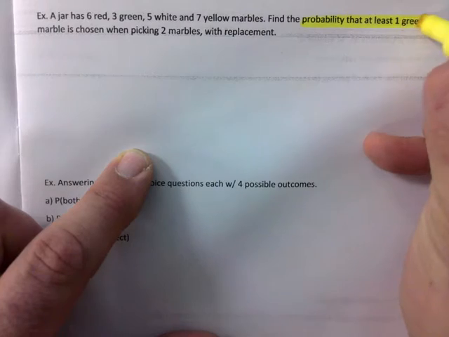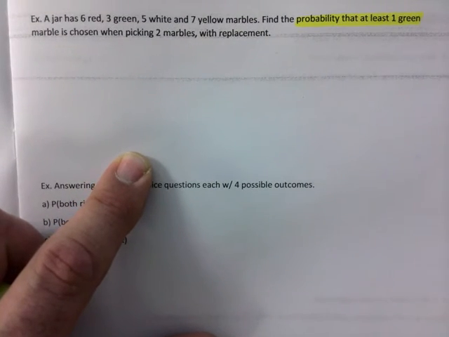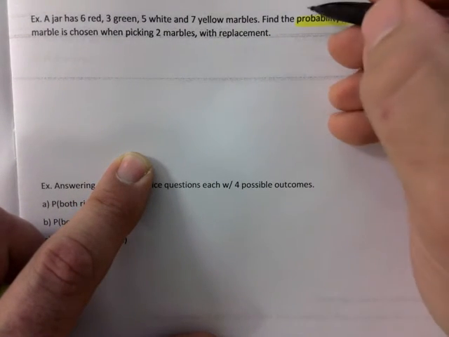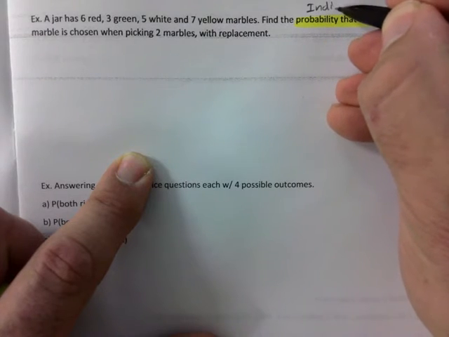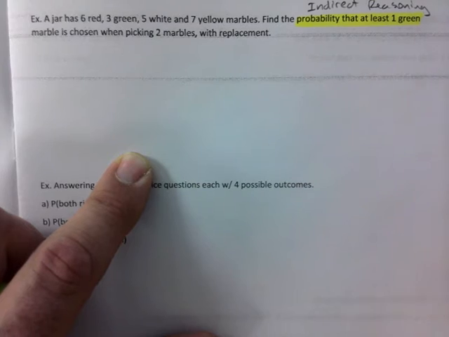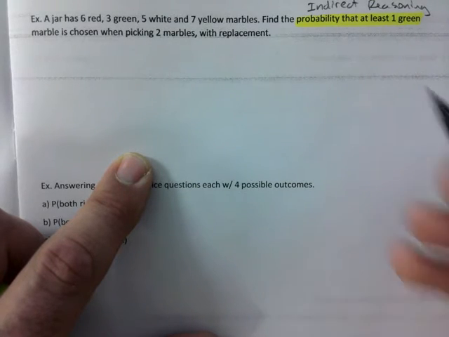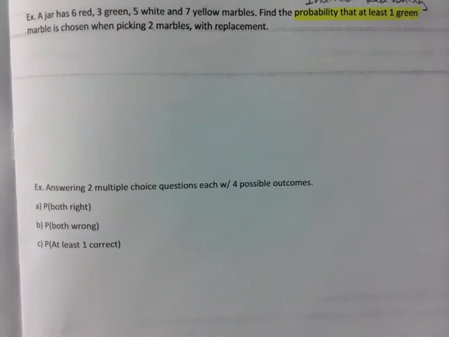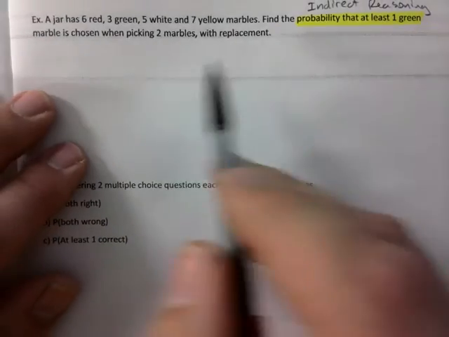Probability of at least 1. What should you be thinking there? Indirect reasoning. We're going to take the total, subtract the case where there are no greens, if you want at least 1.